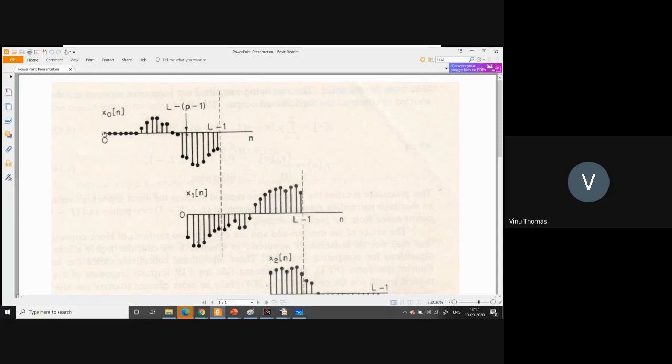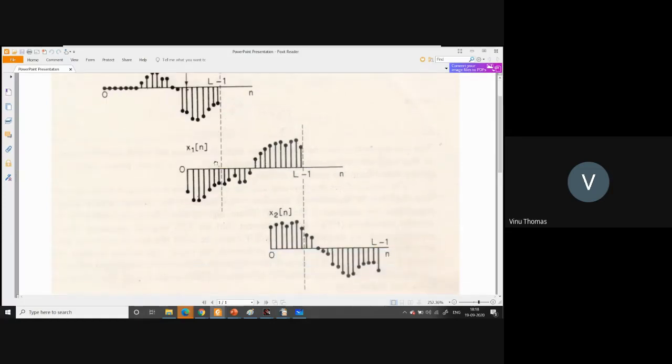So we will zero pre-pad P minus 1 zeros to the sequence X of n, and then take the first block of X of n having a length L, which we call X0 of n.